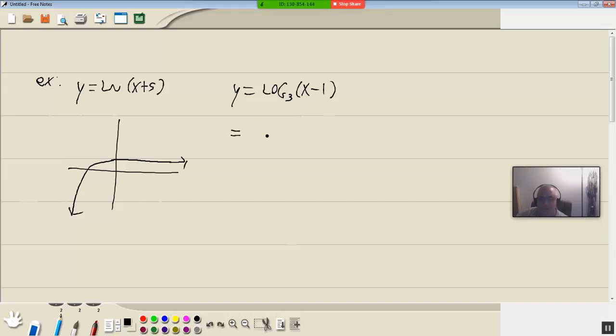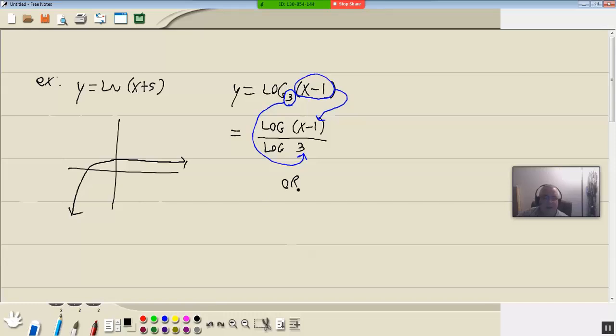What you have to do is use a change of base. Change of base allows us to rewrite this as log of x minus 1 over log of 3. So I'm rewriting it with base 10, common log. How it always works is whatever follows your log always goes up on top, and whatever your base is, this 3, is always what goes down below.